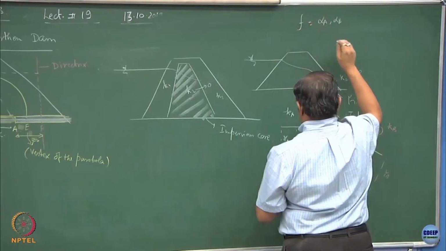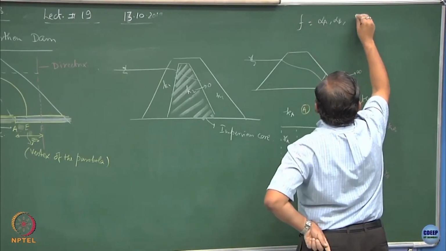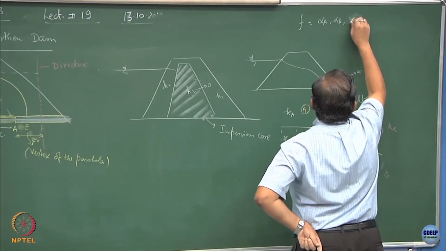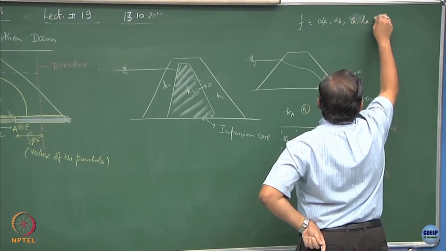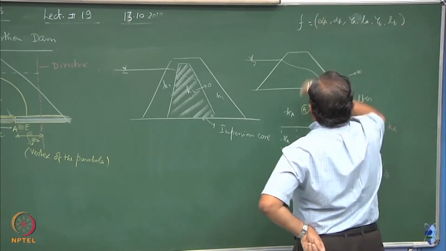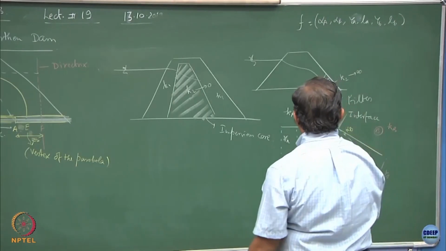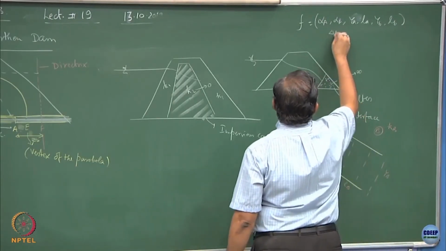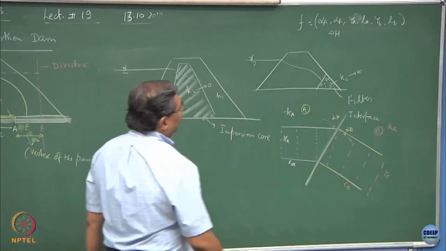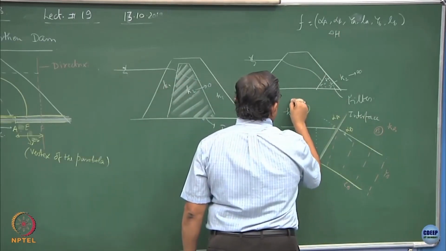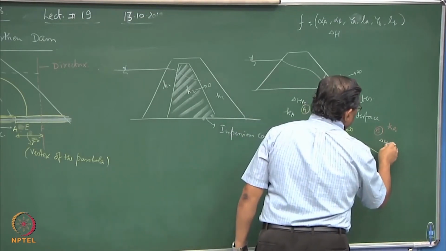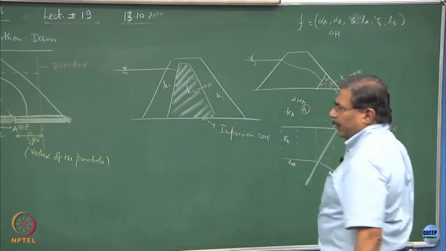So, derive a relationship between this X A, Y A, L A, Y B, L B and what is causing the flow to take place, delta H. So, I can have a situation where delta H A and delta H B are provided.